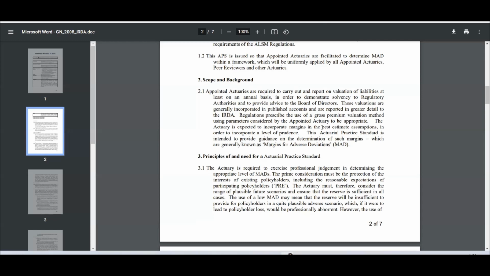You become a fellow actuary once you clear the 15 papers, but you earn a lot of respect once you solve problems which other fellow actuaries cannot, and you can only do that when you understand the regulation and guidelines. If you have 10 scenarios in your head, then only will you be able to debug or solve for the 11th scenario. So that is very important.